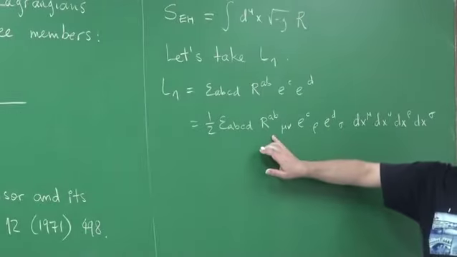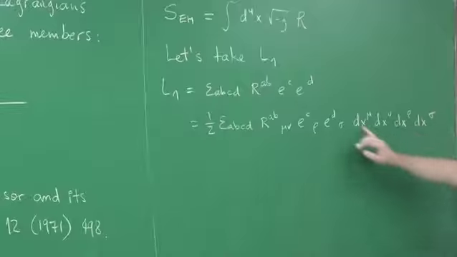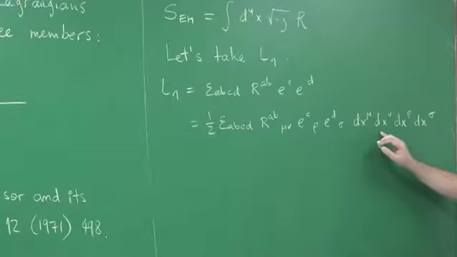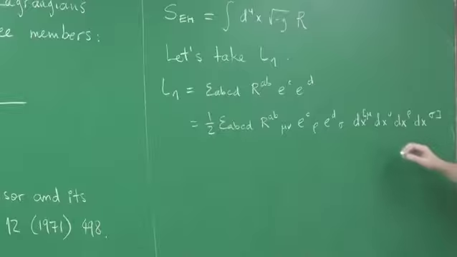So R is a two form, so mu nu. This is a one form, so altogether it's a four form. Now this is 4 dimensions, and since this is a wedge product, this is completely antisymmetric in all the indices. And so you have something that is completely antisymmetric in 4 indices in 4 dimensions.